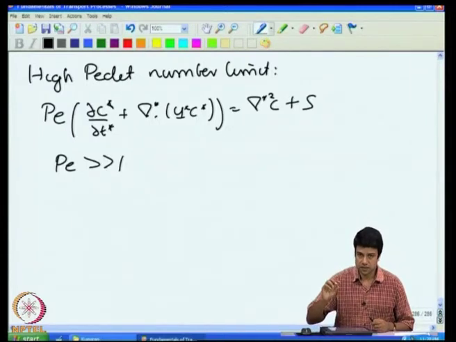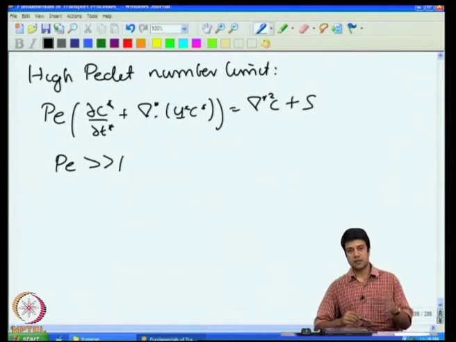So, there is going to be a smaller length scale over which there is going to be a balance between convection and diffusion. That length scale is obtained by scaling the cross stream coordinate by that length scale, putting it into the balance equation and then determining how that length scale varies as a function of Peclet number.